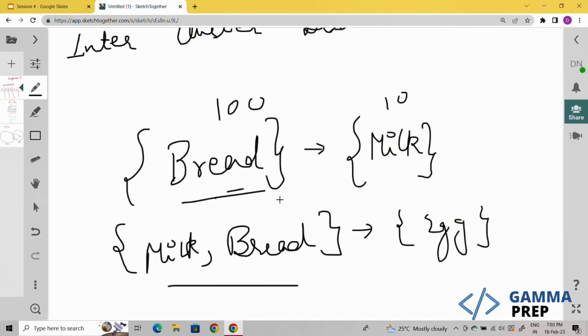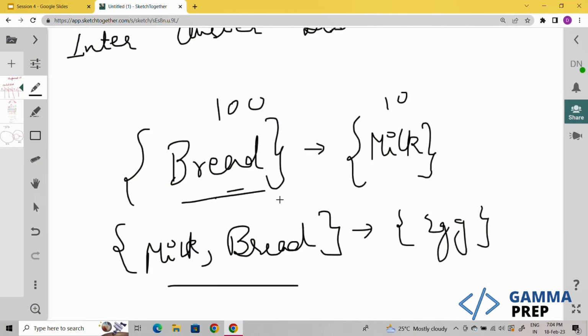But since I know that if people come to buy bread, there's a chance that they can buy milk also, I can order some units of milk, because otherwise I will get a shortage of milk, right?